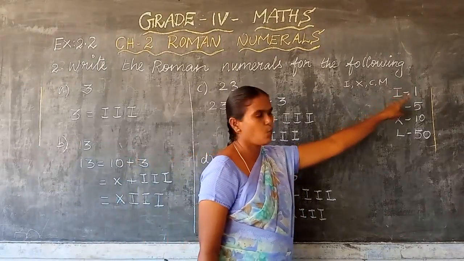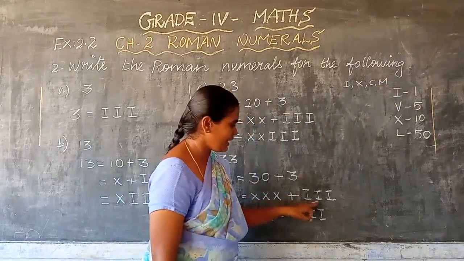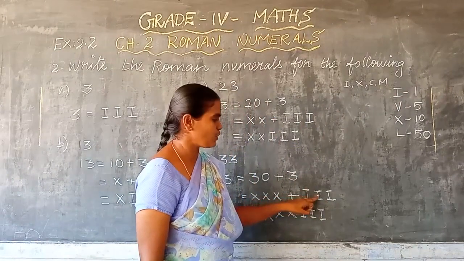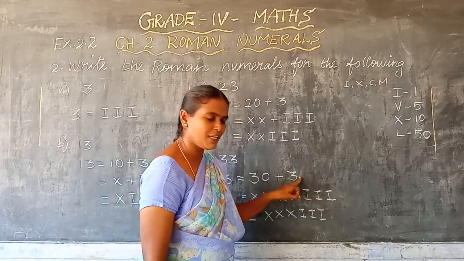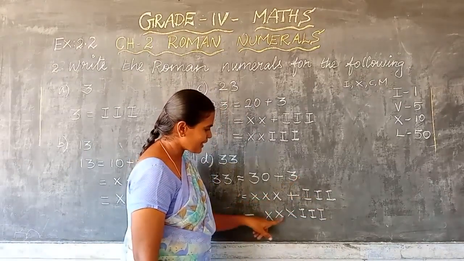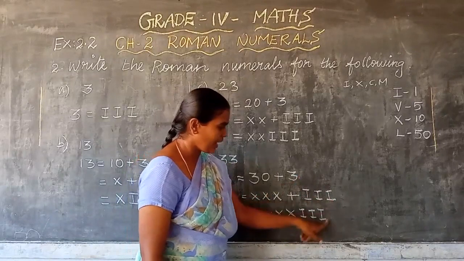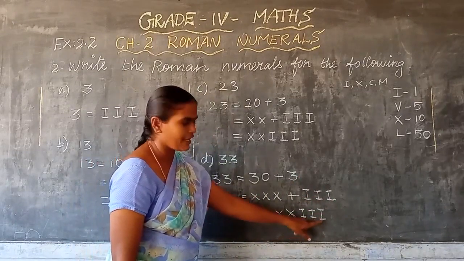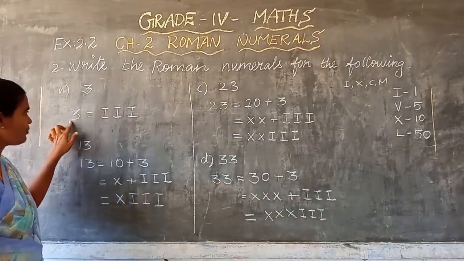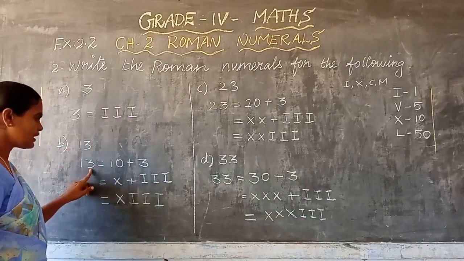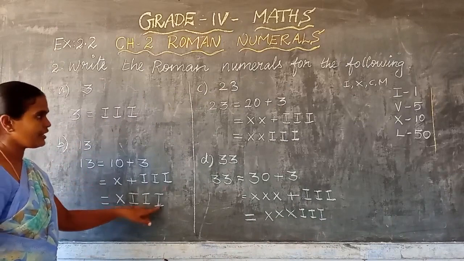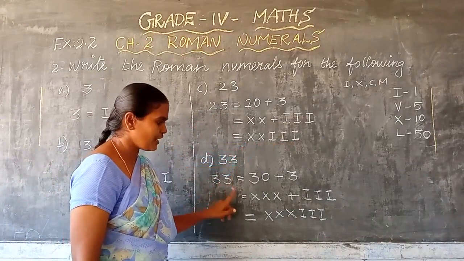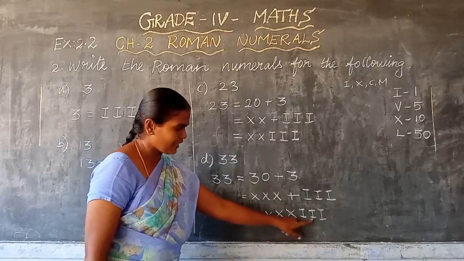I value 1, so I am writing 3 times. We get answer 3. 1 plus 1 is 2, 2 plus 1 is 3. So XXXIII. 33 equals XXXIII. So 3 means III, 13 XIII, 23 XXIII, 33 XXXIII.